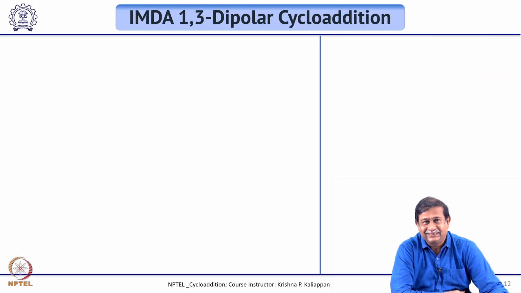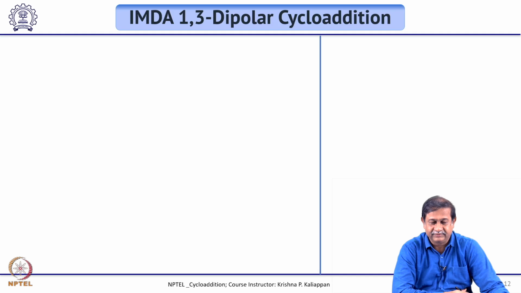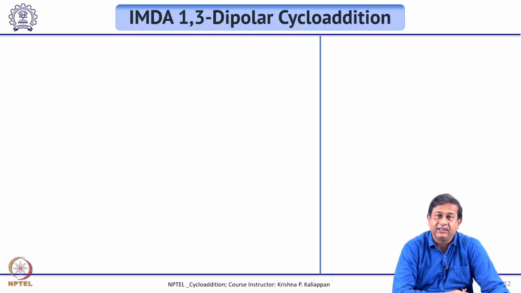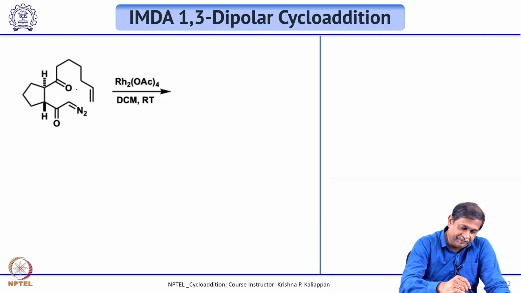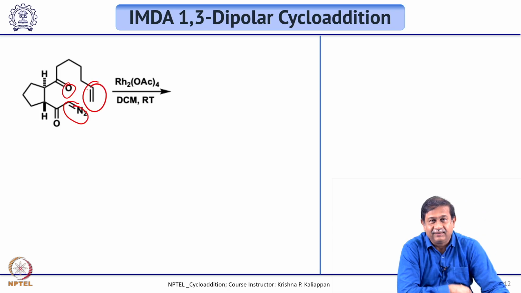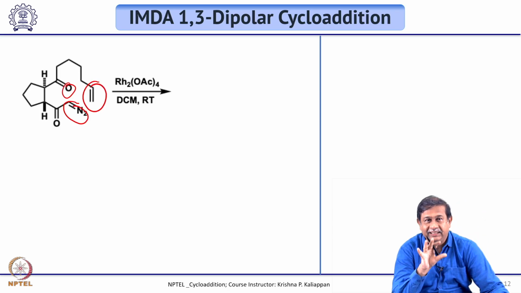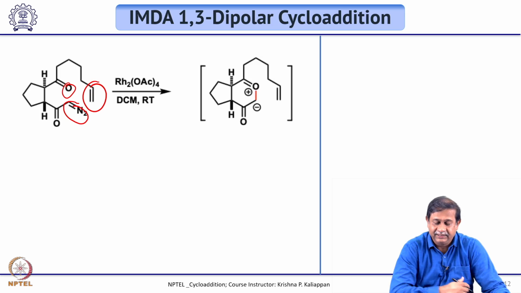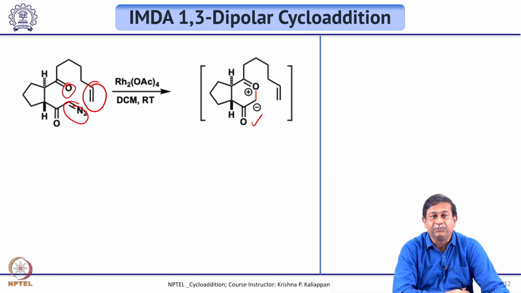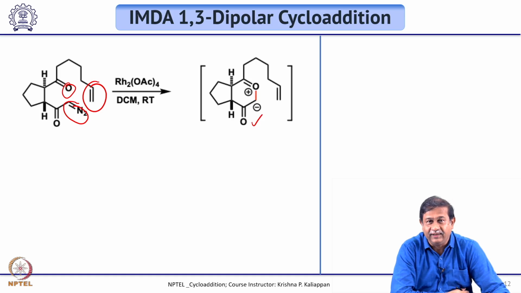Can this be extended to intramolecular? Okay, it is intramolecular 1,3-dipolar cycloaddition. So, for example, if you have a ketone, a diazo compound and the dipolarophile, all in the same substrate, now when you treat this with dirhodium tetraacetate, it should generate this dipole, that is carbonyl ylide.